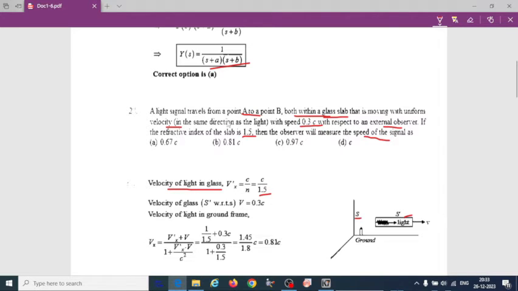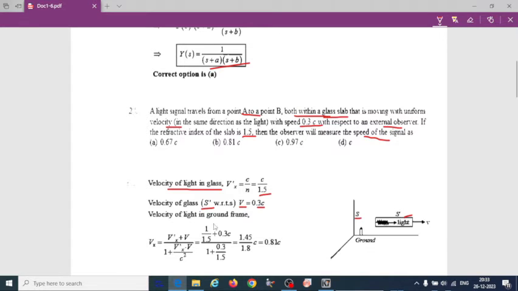A to B, both with a glass slab that is moving with uniform velocity with speed 0.3 c. So what is the velocity of the glass slab here? That is S prime with respect to S, that V is equal to what? 0.3 c.